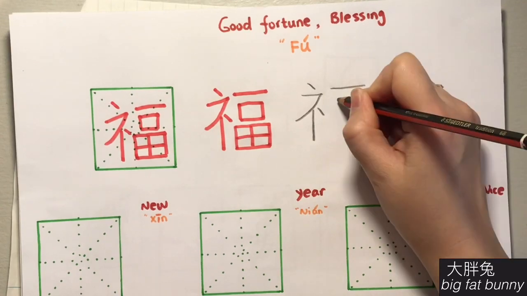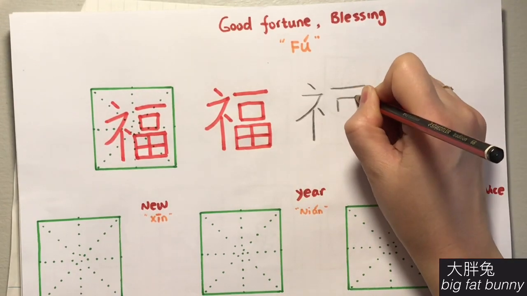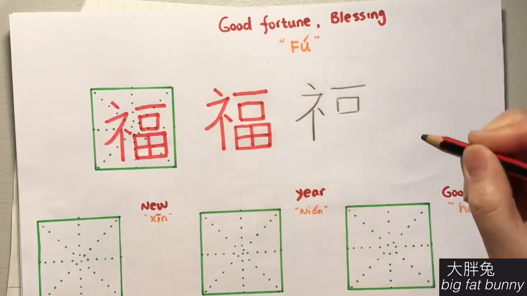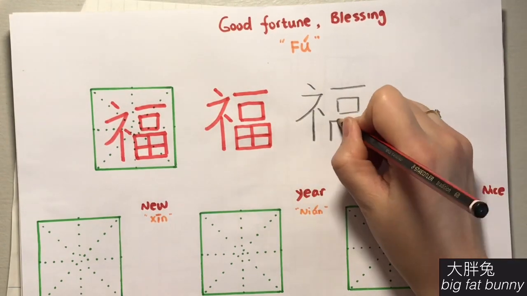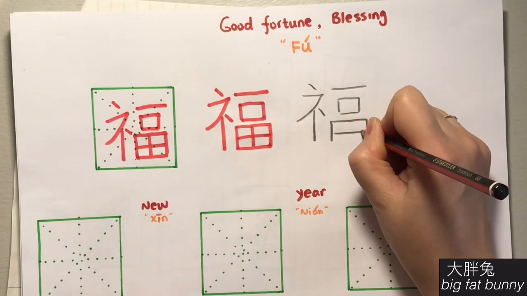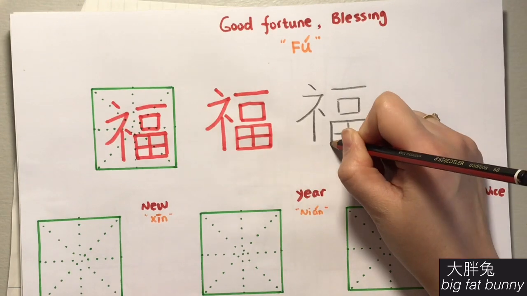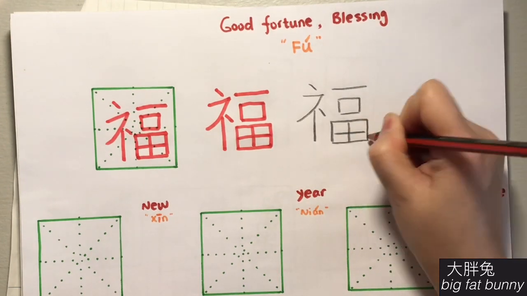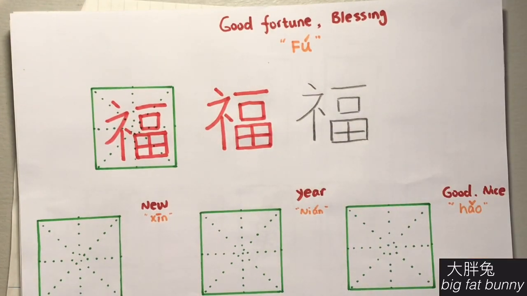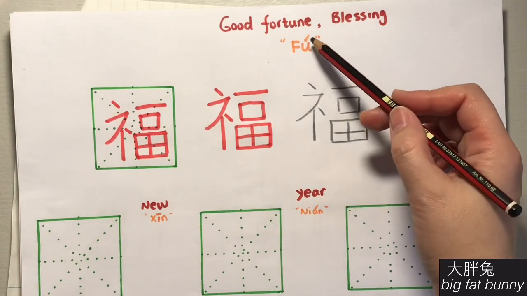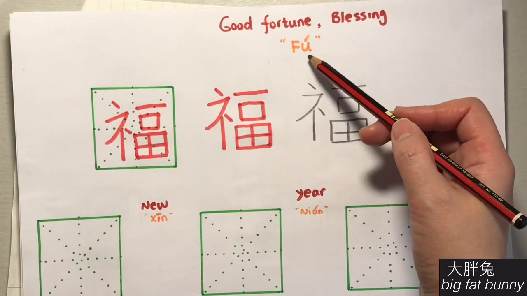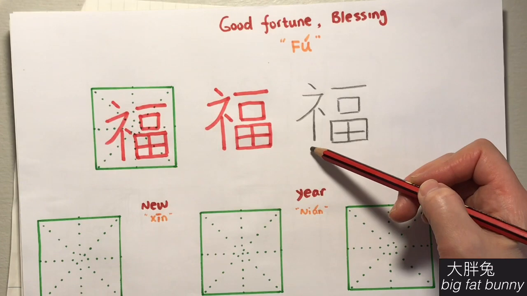A longer one, a little window, a bigger window with a cross inside. Brilliant. Good fortune, blessing. Fu, fu.